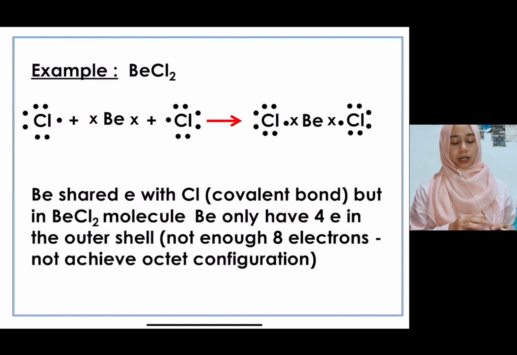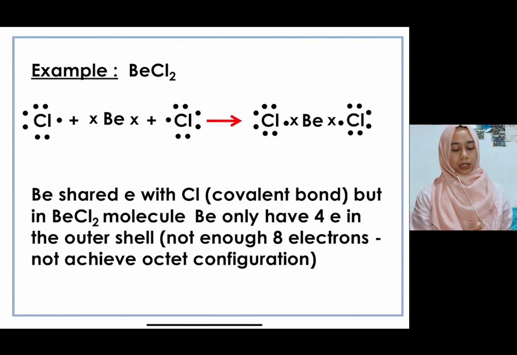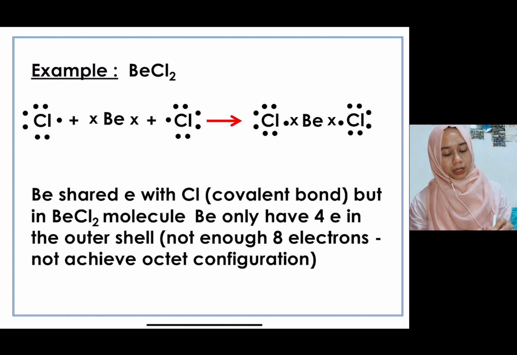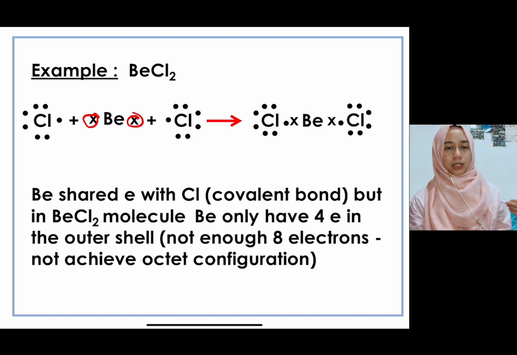Okay, so another example is BeCl2 here. As you can see, Be has 2 valence electrons. So instead of transferring those electrons, what it does is share its electrons.